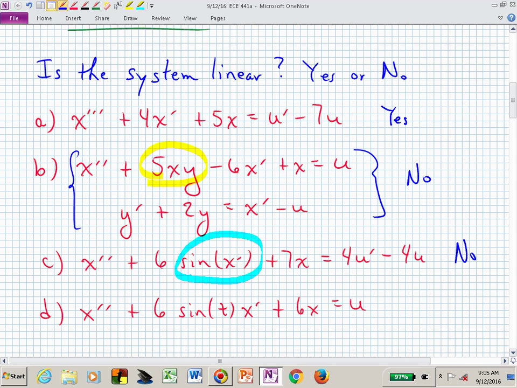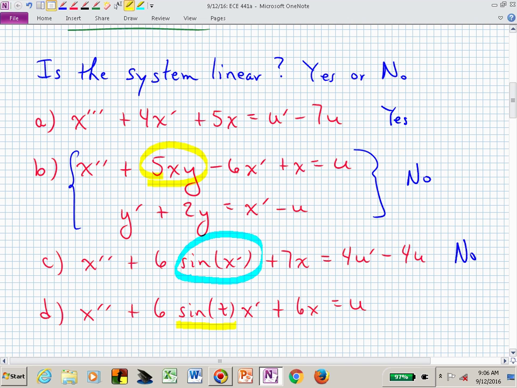How many think it's linear? Show of hands. How many think it's nonlinear? Show of hands. Why is it nonlinear? So in this case, that's actually just a coefficient that's time varying.